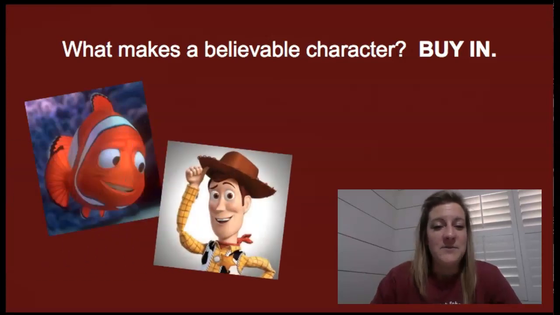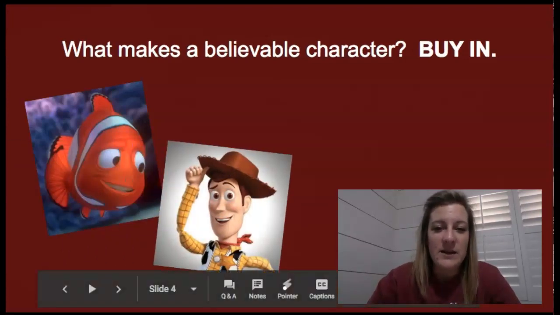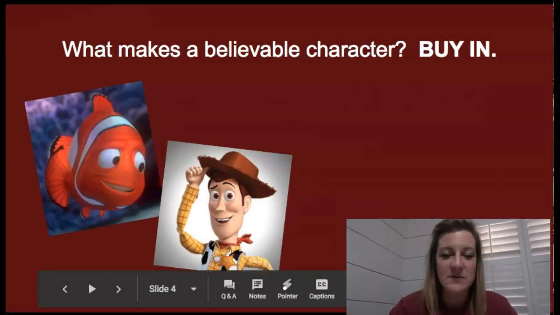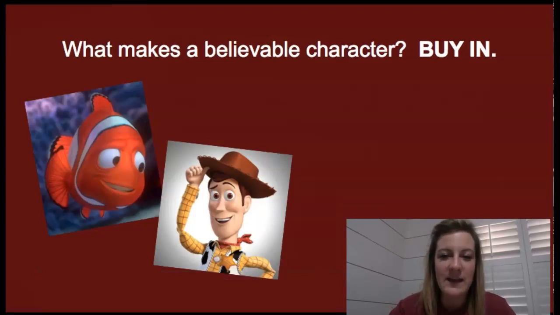Then you have Woody. Okay, Woody is your classic, best friend type of story, and makes mistakes. He doesn't always say the right thing and apologizes for it later, but Woody is that friend that everybody can depend on.